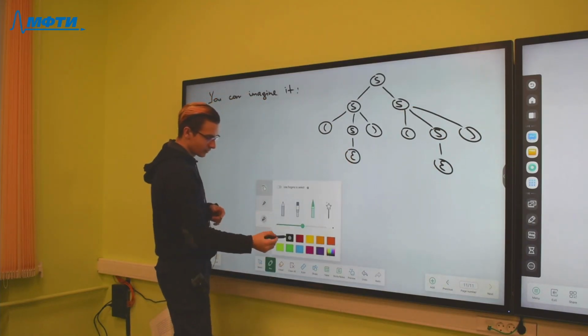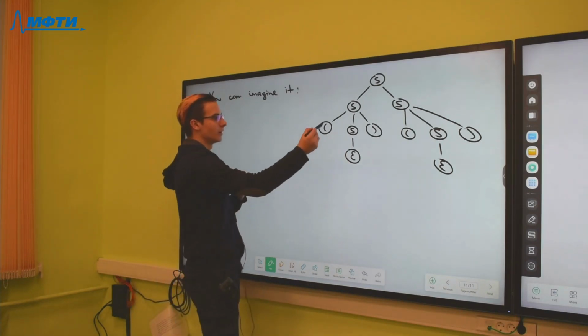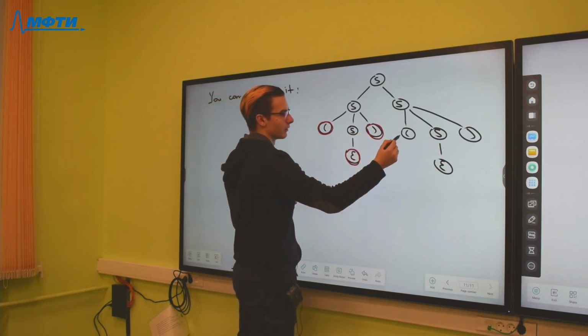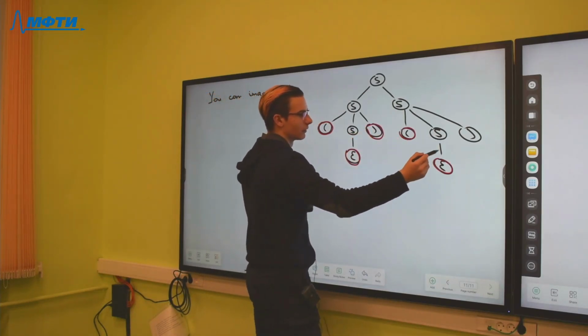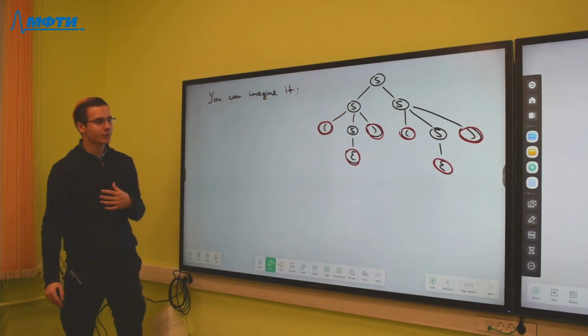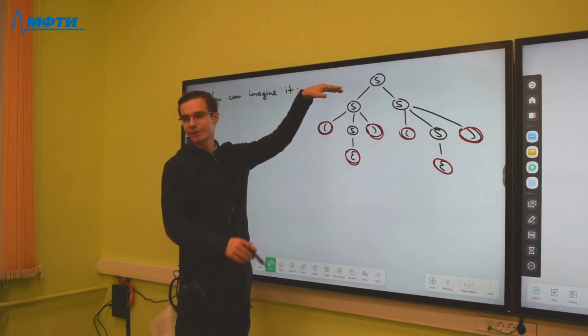And what is the word that we print? It is the leaves of this tree. And of course, you can say that S is equal to a subtree.